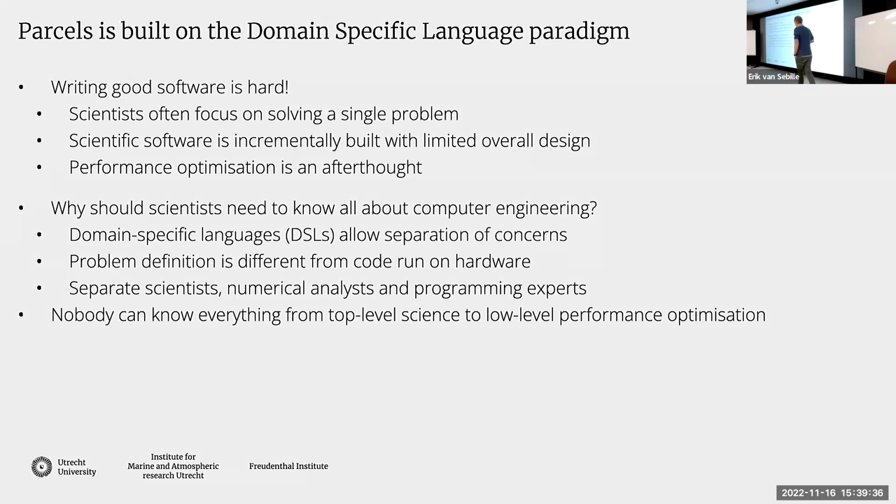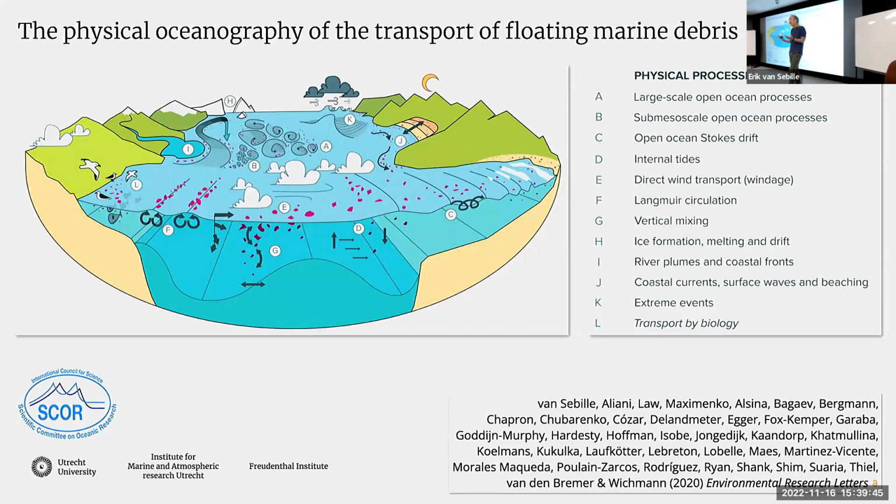Back to the oceanography. So I said, right, that you have this accumulation of plastic. Plastic is not homogeneous in the ocean, gets carried with the currents. My question is why? Why does that happen?